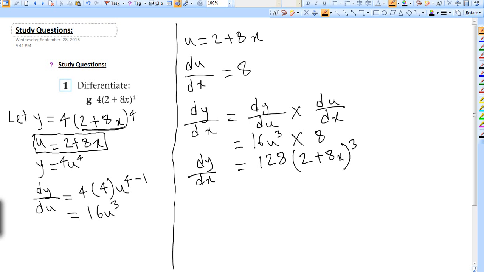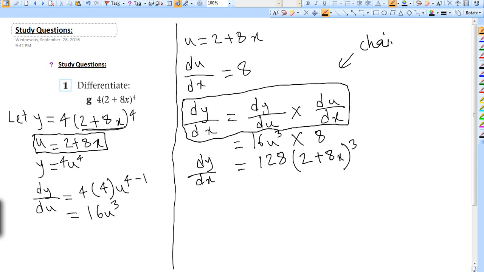We have differentiated this function by using the chain rule. So this is the chain rule.